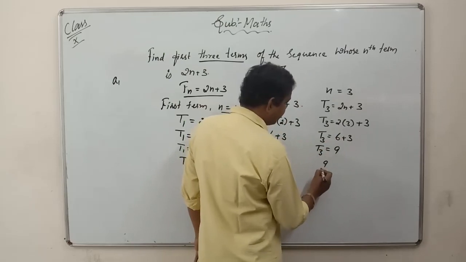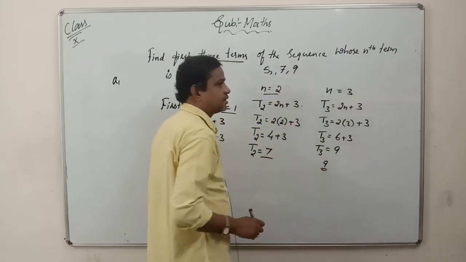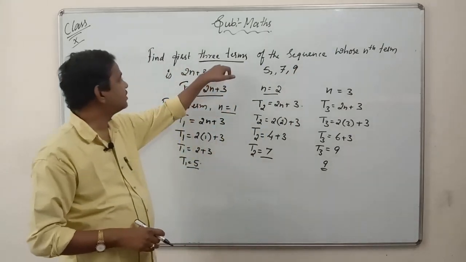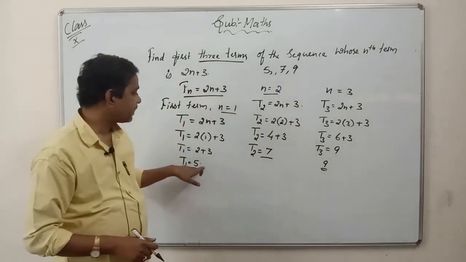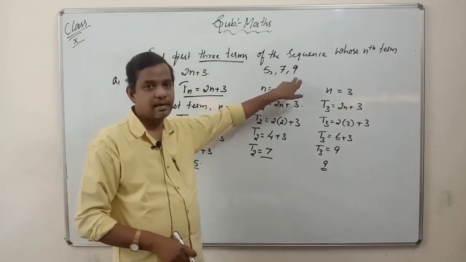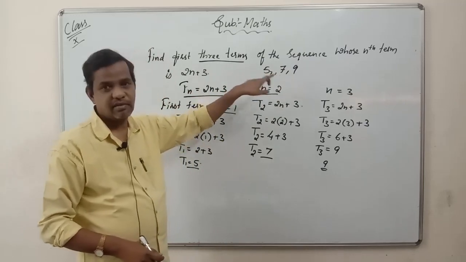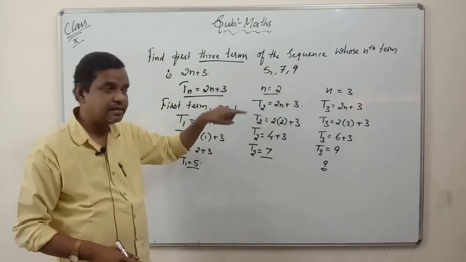So 9 is the third term. So you can see here the first term is 5, the second term is 7, and the third term is 9. These are the three terms of the sequence.